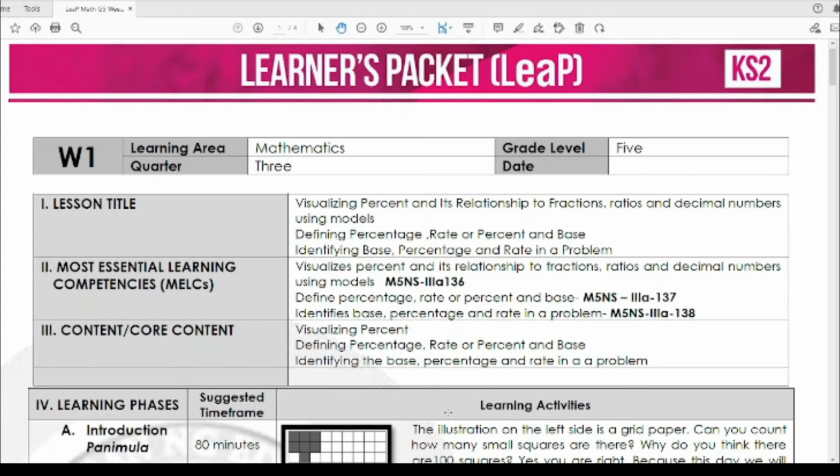Good morning. Our lesson today is about visualizing percent and its relationship to fractions, ratios, and decimal numbers using models, defining percentage, rate, or percent and base, and identifying base, percentage, and rate in a problem.